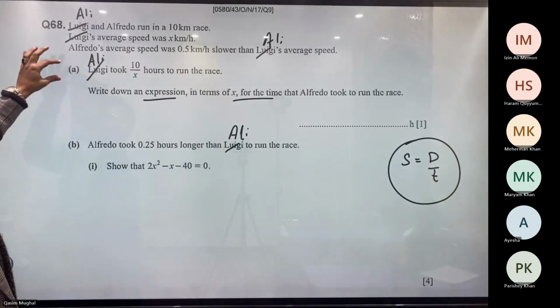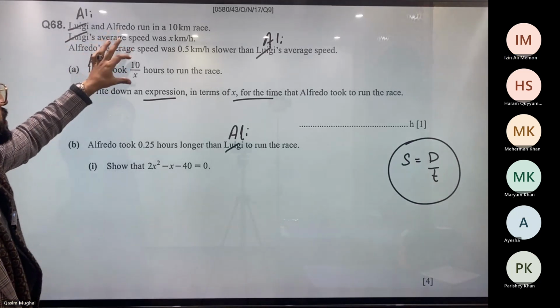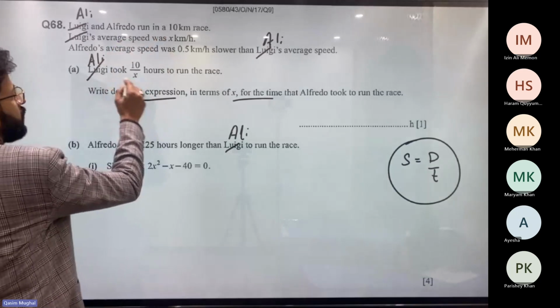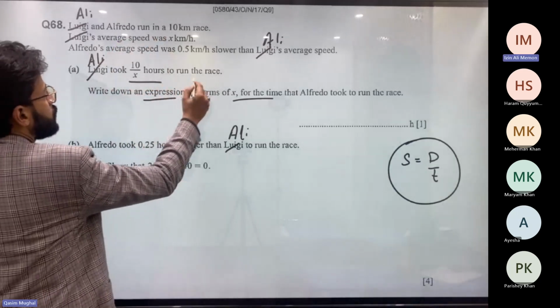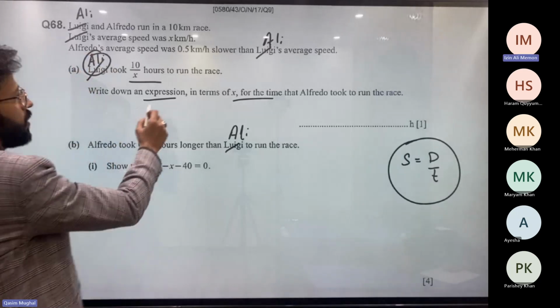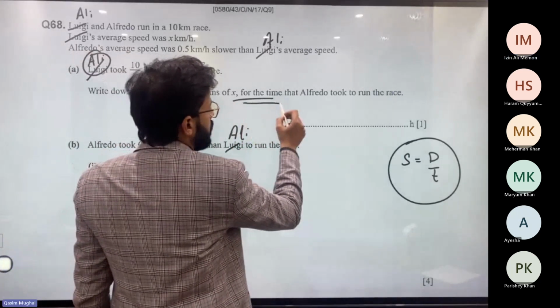Now the first part is Ali took 10 by x hours to run the race. So they have given you the time taken to run the race by Ali. They want you to write down an expression in terms of x for the time.